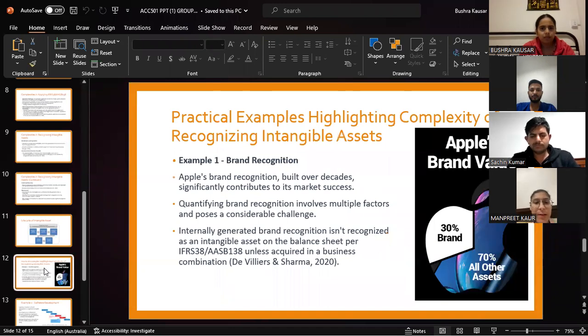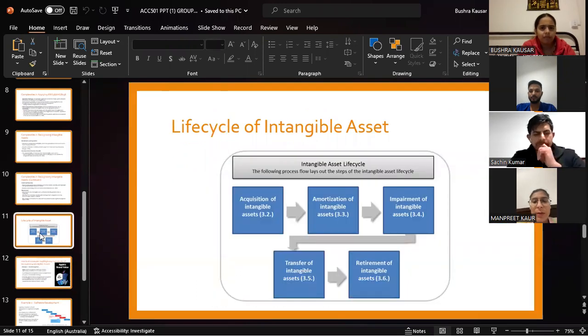The next slide is slide 11. These examples shown below highlight the intricate nuance involved in recognizing intangible assets. These also demonstrate how it requires careful professional judgment grounded in a comprehensive understanding of the relevant accounting standards. Number one, brand recognition. A company like Apple has built a highly recognizable and trusted brand over decades.